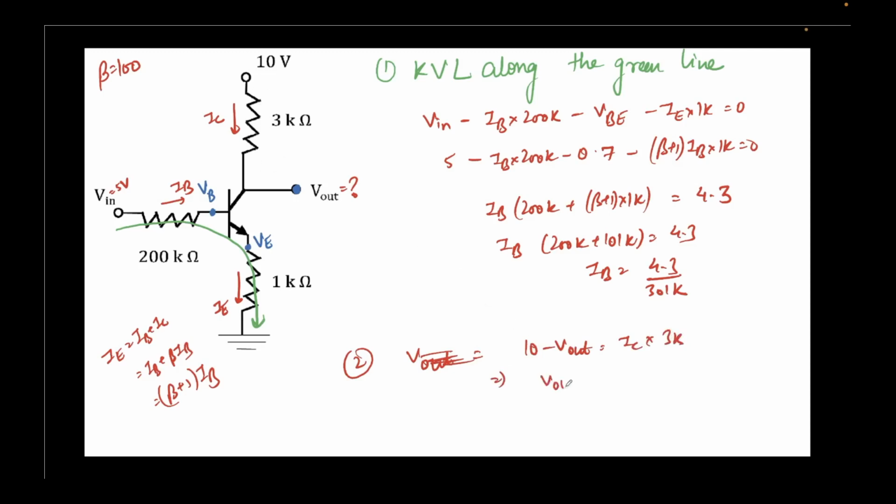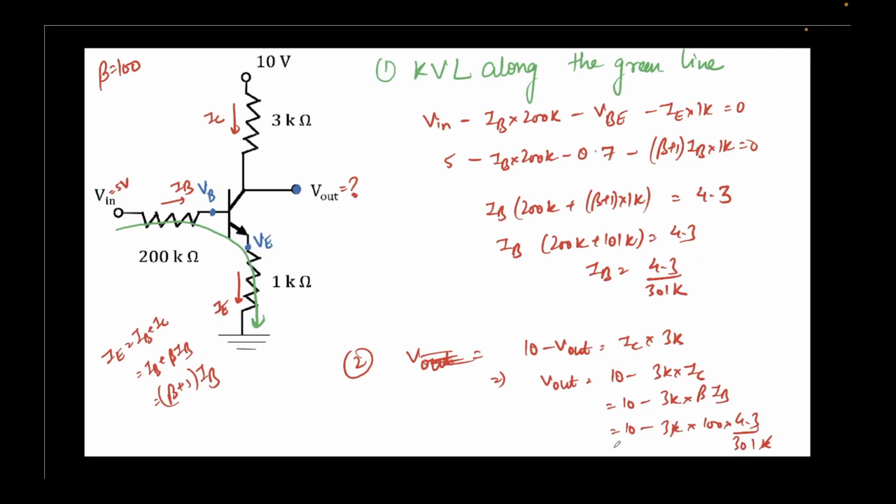So now I'll write Vout equal to 10 minus 3K times IC, and I know IC is nothing but beta times IB, and beta is 100. So Vout is 10 minus 3K times 100 times IB, and IB we calculated as 4.3 upon 301K.